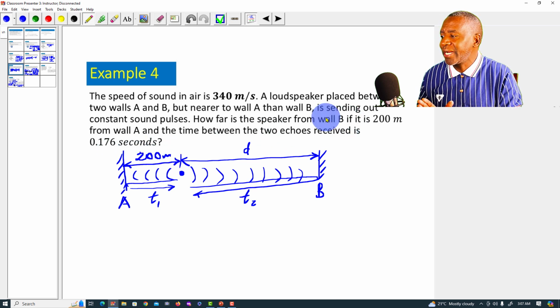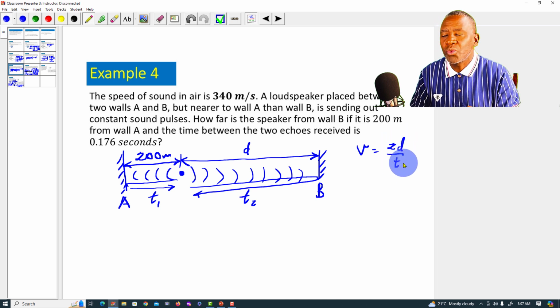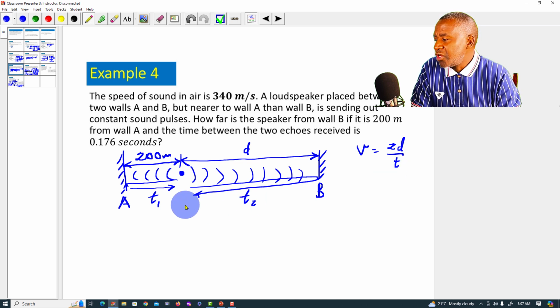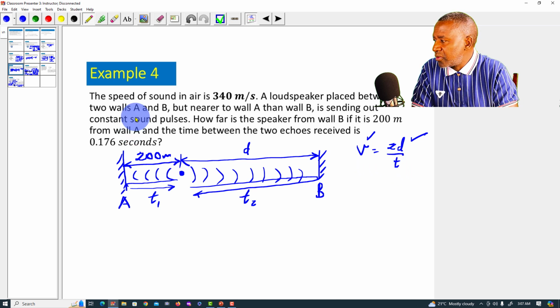So how do we calculate this distance here? First of all, we can use the equation v equals 2d over t to calculate t1, because we know the speed, we know the d, and t is the one which is unknown. Look at the question.